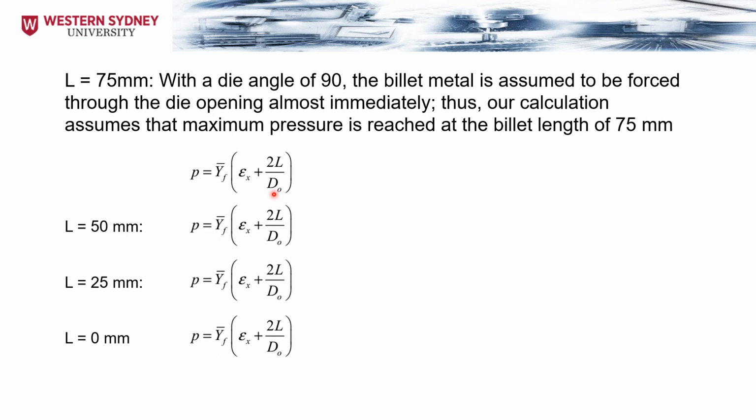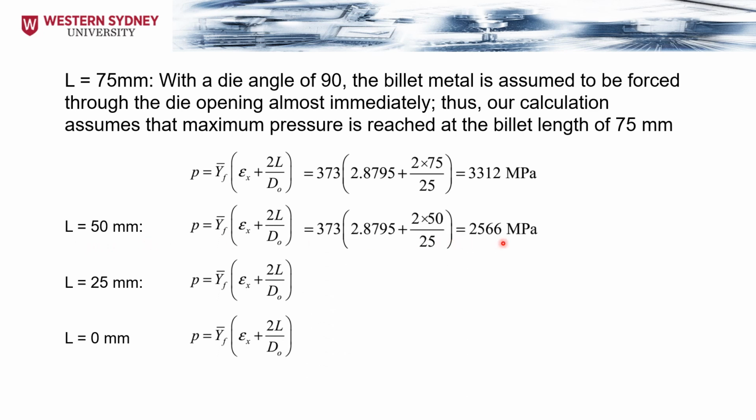And we know the value for the D0, we calculate the extrusion strain, and we know the value for the Y prime f. So we're going to apply the equation at different values for the L, and we're going to find out that the pressure at the length of 75 millimeters is going to be equal to 3,312 megapascal. As the length is going to be dropped to 50 millimeters, the pressure is going to be dropped to 2,566 megapascal.